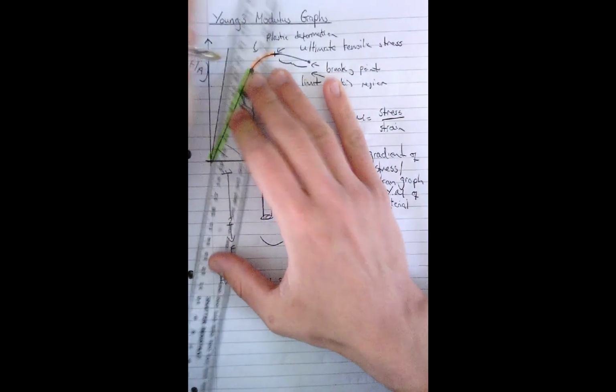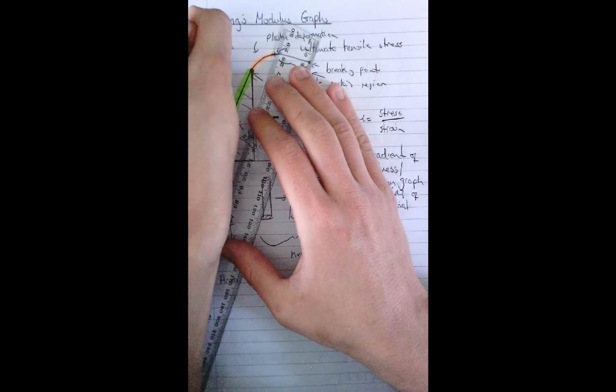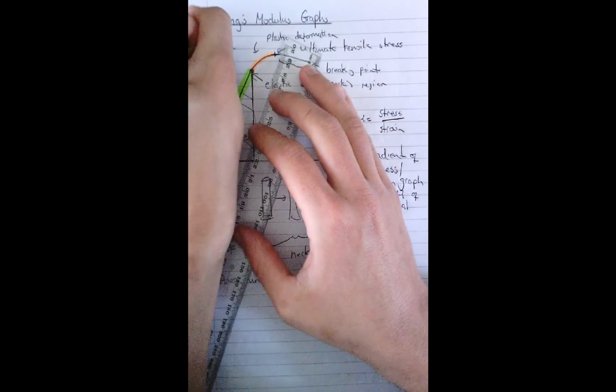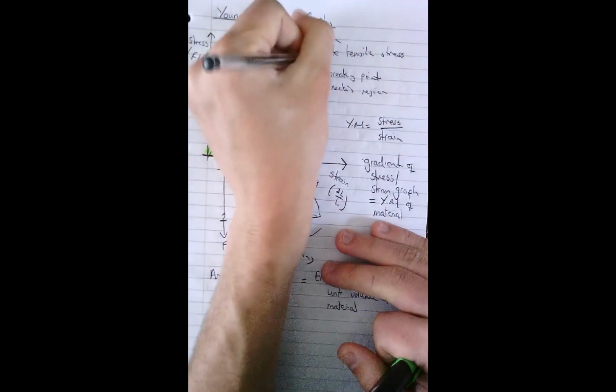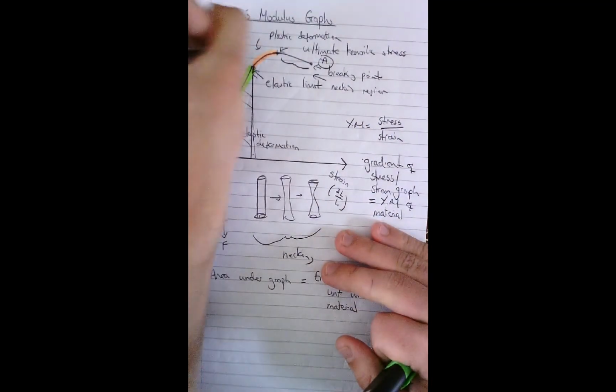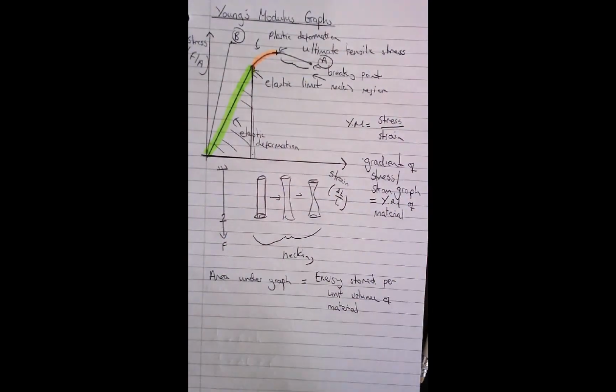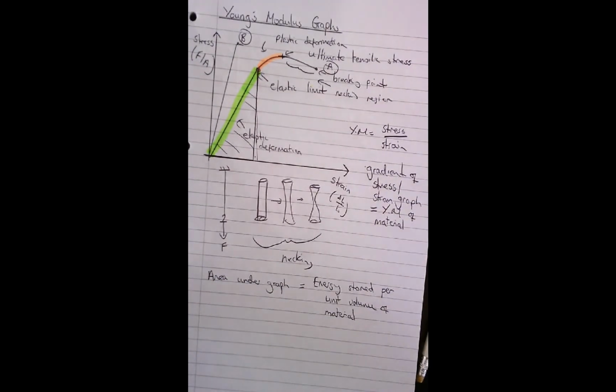Now that's quite a good comparison. How can you compare those materials? Well, if I was to say this material is A and this material is B, how can we say those materials are different?